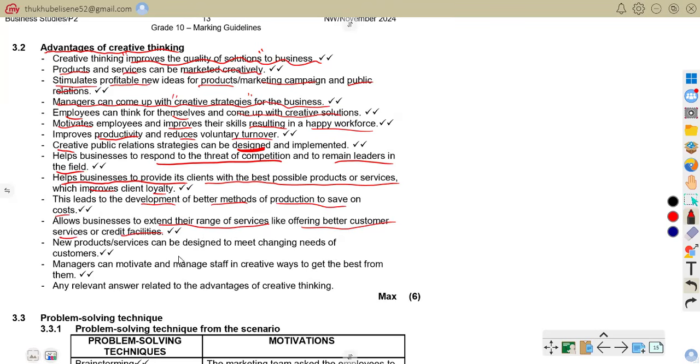That's how creative thinking comes up with the positives. New products or services can be designed to meet changing needs of customers. Managers can motivate and manage staff in creative ways to get the best pay. Any relevant answer related to creative thinking is acceptable.